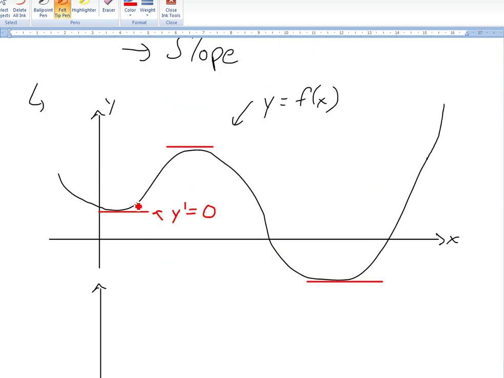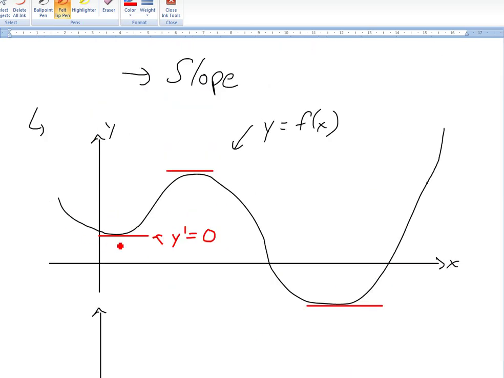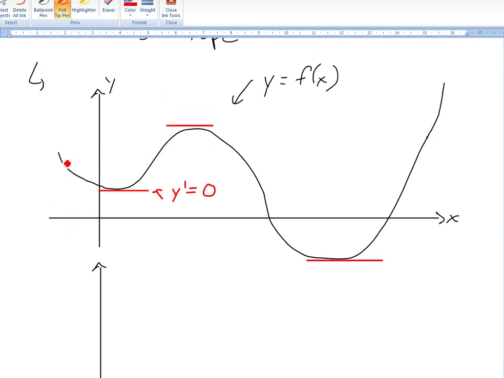Now if you graph from the left side of the 0, as you can see, you are getting smaller and smaller. If you were to draw a tangent line here, it's going to be negative, because the tangent line is rise over run, and the rise is going to be negative here, and the run is always going to be positive to the right.